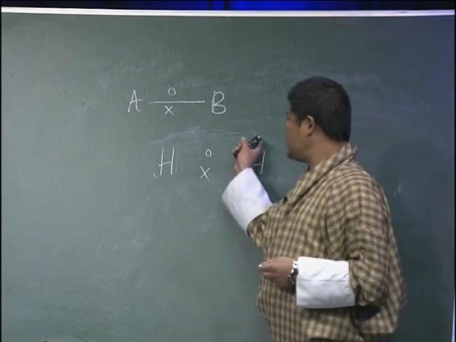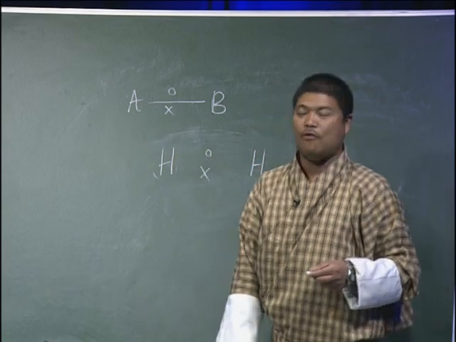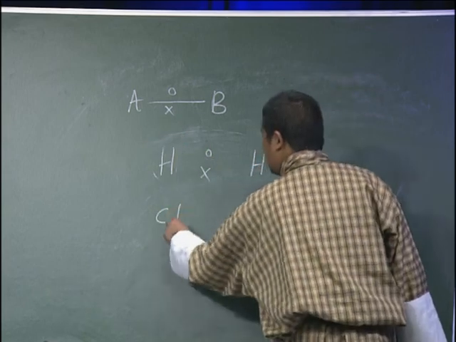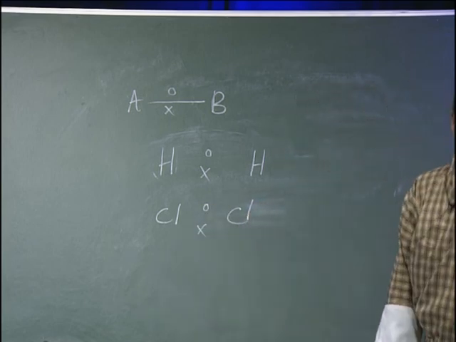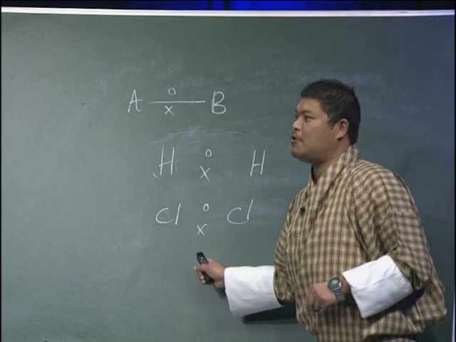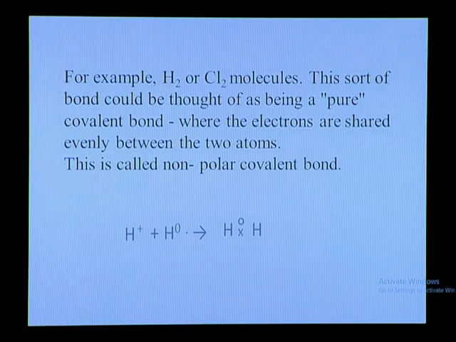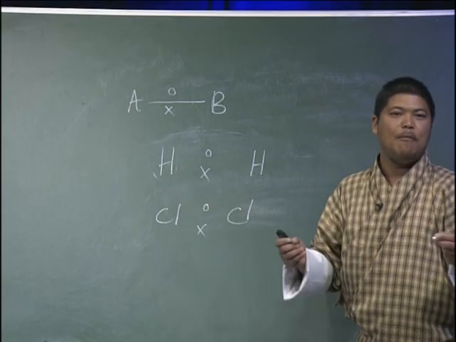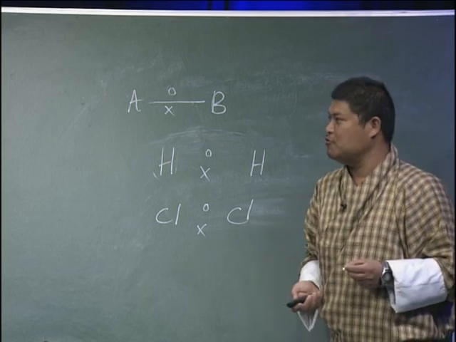Similarly, we can cite the example for even the formation of chlorine molecule, Cl and Cl. The shared pair of electron will be exactly in between the two chlorine atoms. So this kind of bond formed is known as non-polar covalent bond. Non-polar covalent bond is formed when the atoms of same electronegativity form a bond.